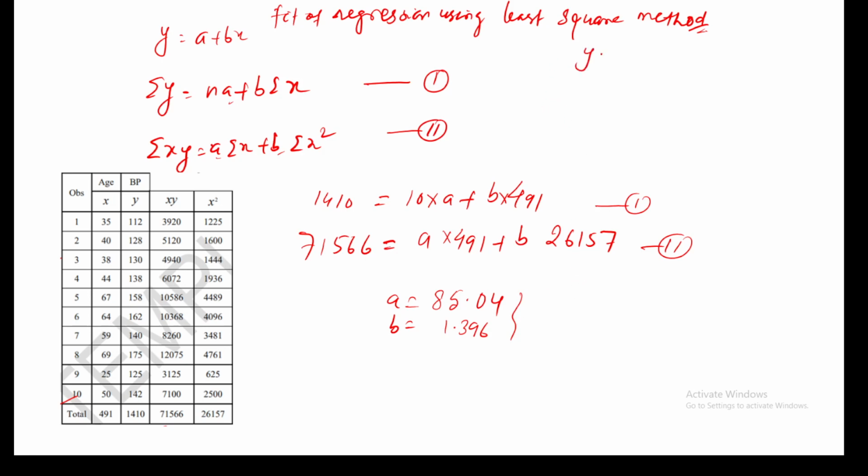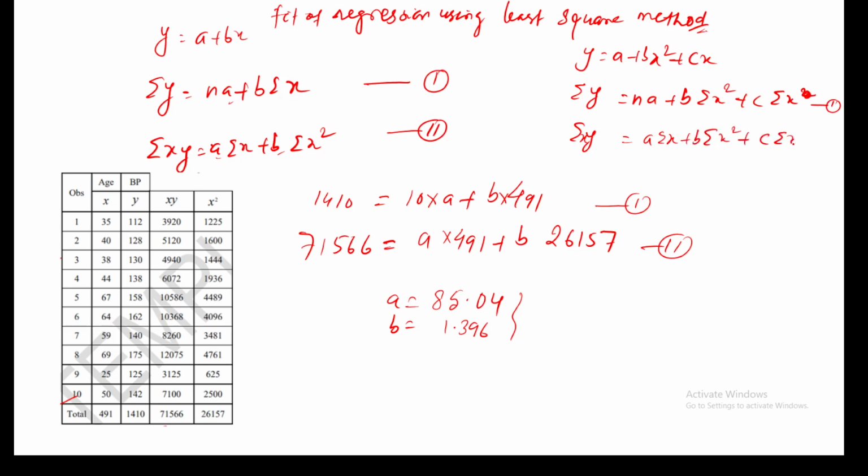Let's say we have an equation of a plus bx plus cx square. First you take the summation: sigma y is equal to na plus b summation of x plus c summation of x square. This is equation 1. Sigma xy becomes a summation of x plus b summation of x square plus c summation of x cube.